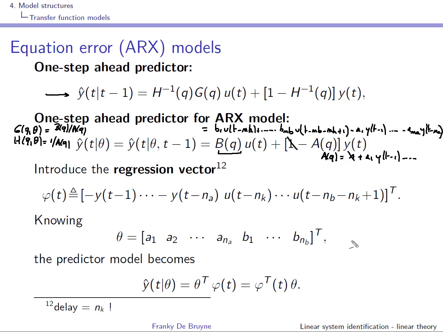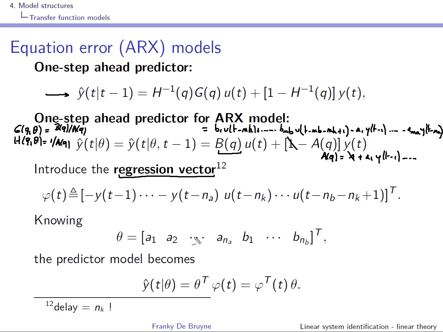And so what we'll do to ease notation is use what is called the regression vector. This regression vector is a column vector, as you can see, because there is a transpose over here. It's constructed from past outputs and past inputs, and this is the regression vector in the general case where nk is general.